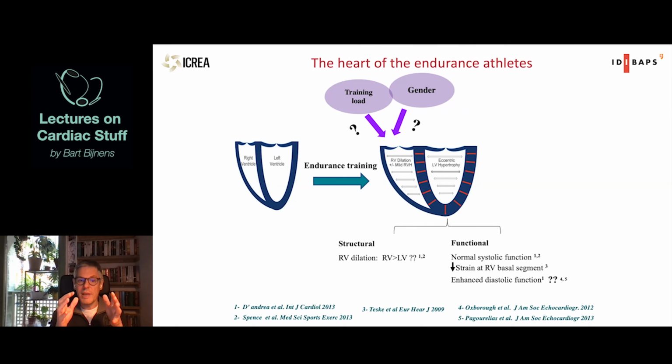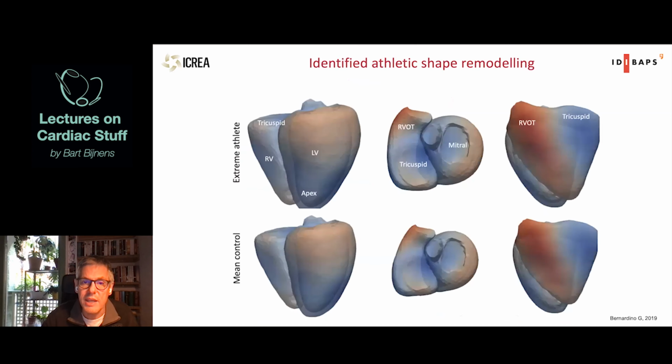So baseline deformation can be down, not because of a problem with the myocardium, but just because the ventricle is so big and the stroke volume is so high that they don't need to. But when you then start to look at exercise, it might be that a lower strain becomes a problem. Or if you start to see differential changes in deformation, whether in the basal or the apical deformation, you can also see that there might be some problems. So there are a lot of things that we need to investigate.